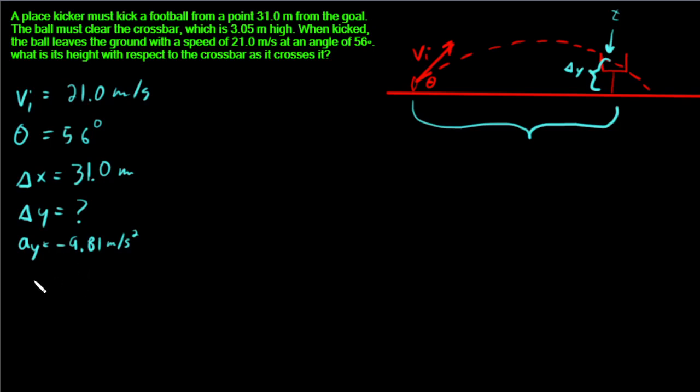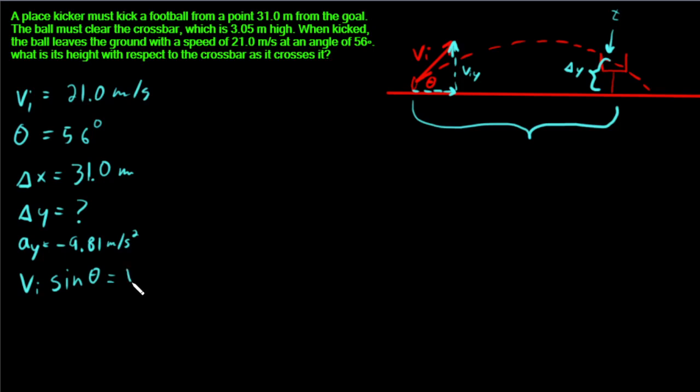All right. So let's go ahead and find, first thing, let's take our VI and separate it into x and y components. So we're going to have an x component and a y component to that velocity, and that's what we want to find out first. And so VI times sine theta, we're going to use our trig functions for this, will equal, you remember that sine is the opposite side, and so that's actually going to be VIY.